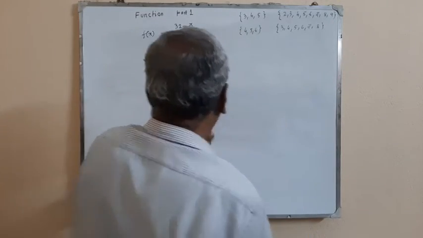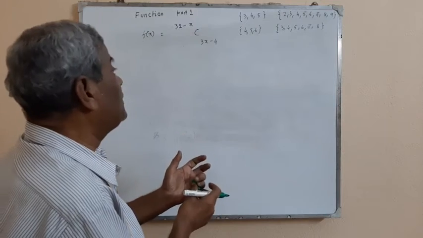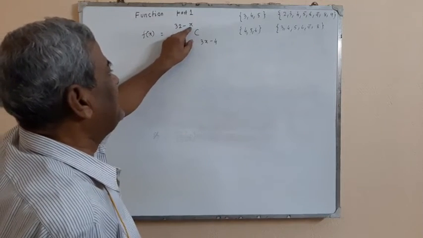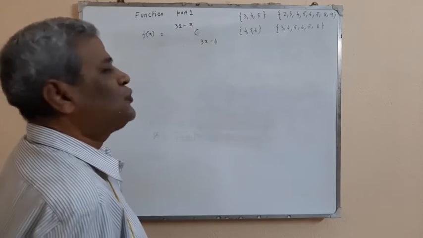The problem is f(x) is a function of that type, 32 minus x C 3x minus 4, and we have to find its domain of definition.